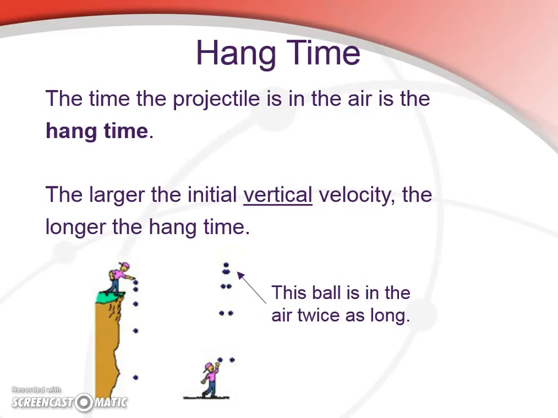Or we can say the higher up it is, if we're dropping it, the longer its hang time. In this case, we drop this ball from a high height versus throwing it upward. One is in the air twice as long as the other, so we say its hang time is twice as much.